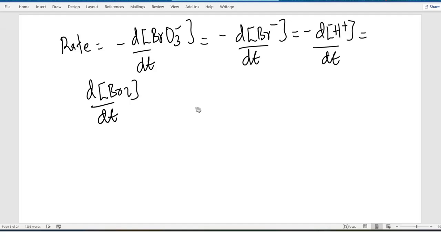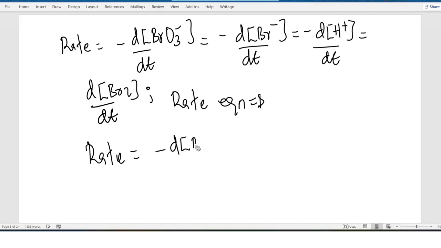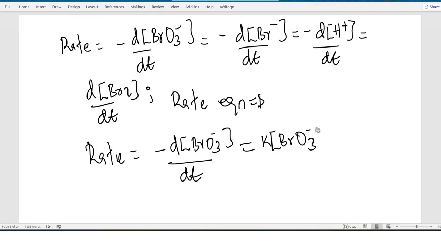And then we are going to say the rate equation is going to be, so you find that rate is going to be negative the bromate(V) ions with respect to time, which will equal k times the concentration of the bromate ion, times the concentration of bromide ion, times the concentration of hydrogen ion.